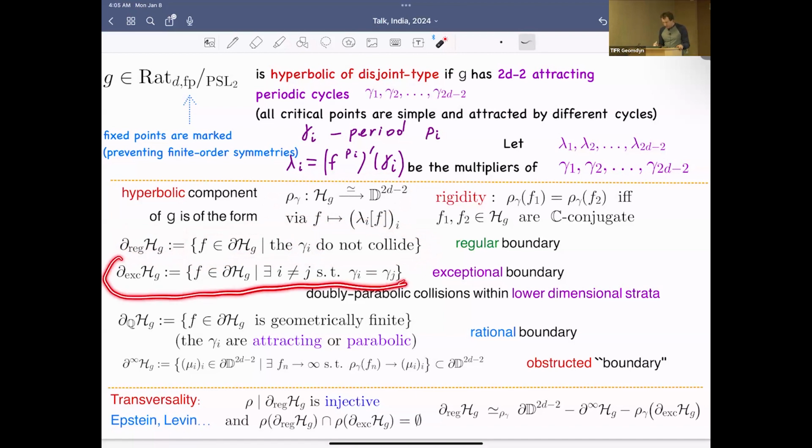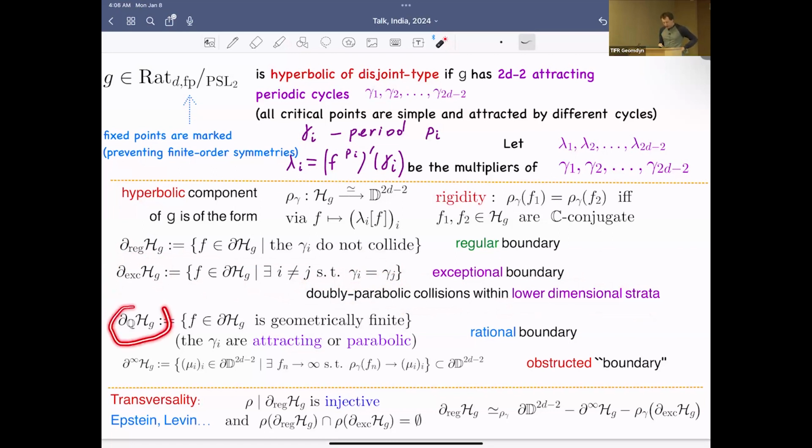The complementary situation is what we call the exceptional boundary, where we have doubly parabolic collisions. This is the set of maps where at least two of our cycles become neutral. So if two cycles coincide, we call such a situation the exceptional boundary. The collisions happen within lower dimensional strata.